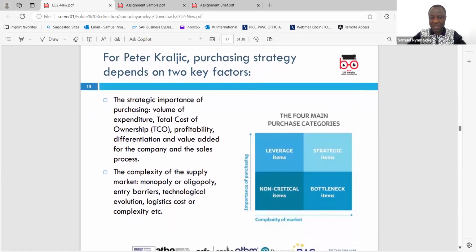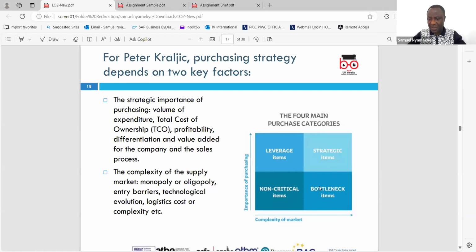They mentioned that it is important for you to keep an eye on strategic ones, the ones that give you high profit and can be quite risky if you don't have them. So they are the ones that you definitely have to look at. The non-critical ones, you can manage them.